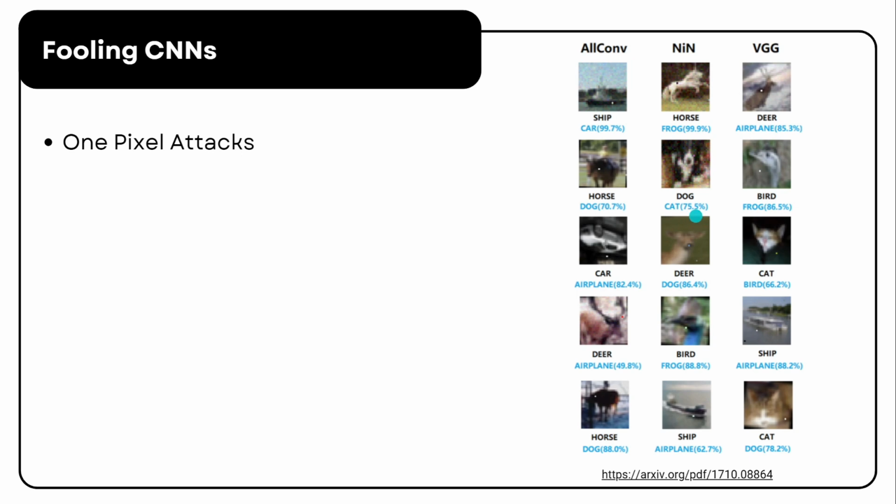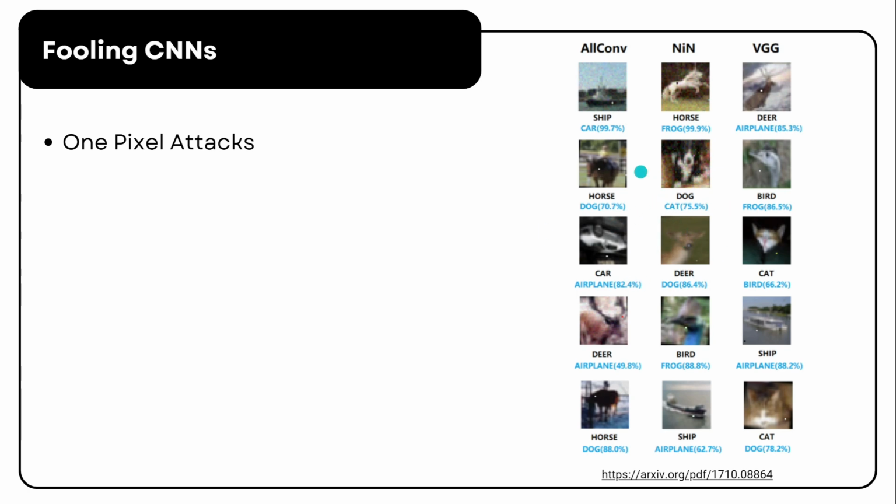What this illustrates is just how vulnerable CNNs can be to adversarial attacks, especially when just one pixel attack in the image can lead to misclassification.